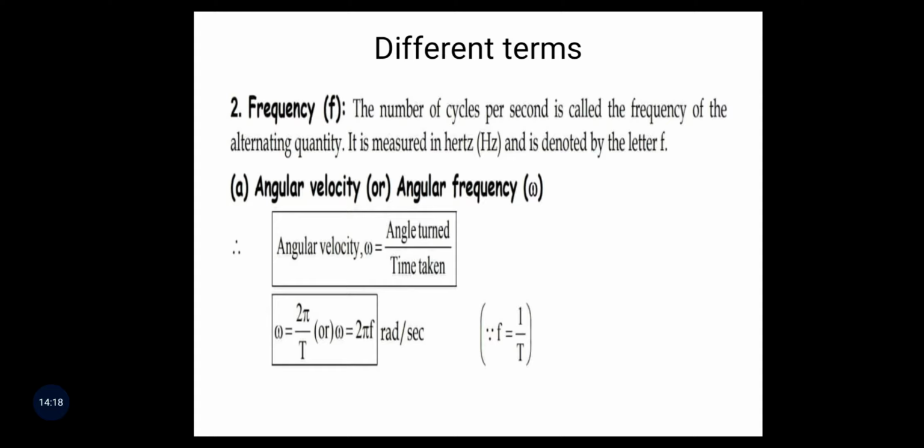Next, we are discussing frequency. What is meant by frequency? Frequency is defined as the number of cycles per second. The number of cycles completed in 1 second is called the frequency of the alternating quantity.